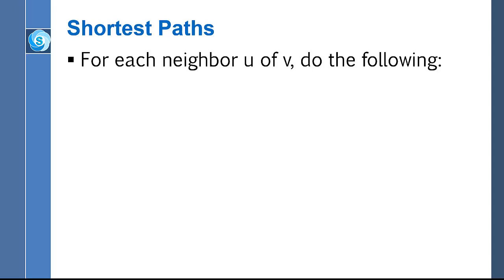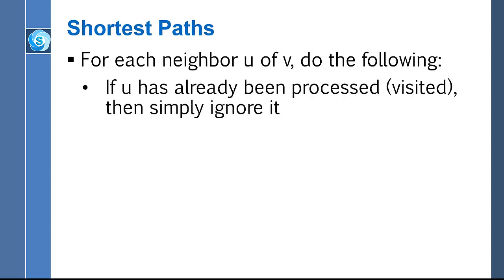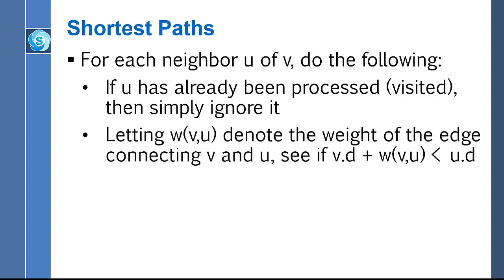Well, let's see what this says we have to do. If U has already been processed, that is visited, then we can safely ignore it. There's no need to do anything with U if it's already been processed.